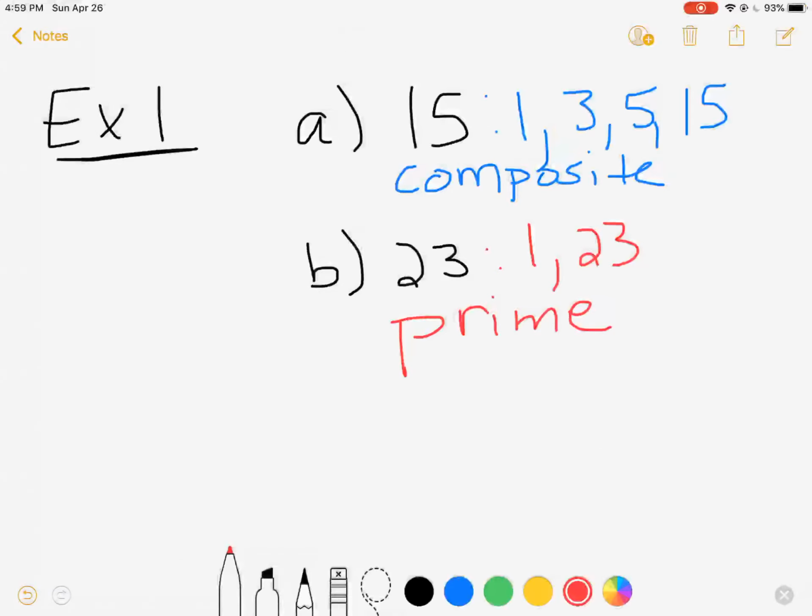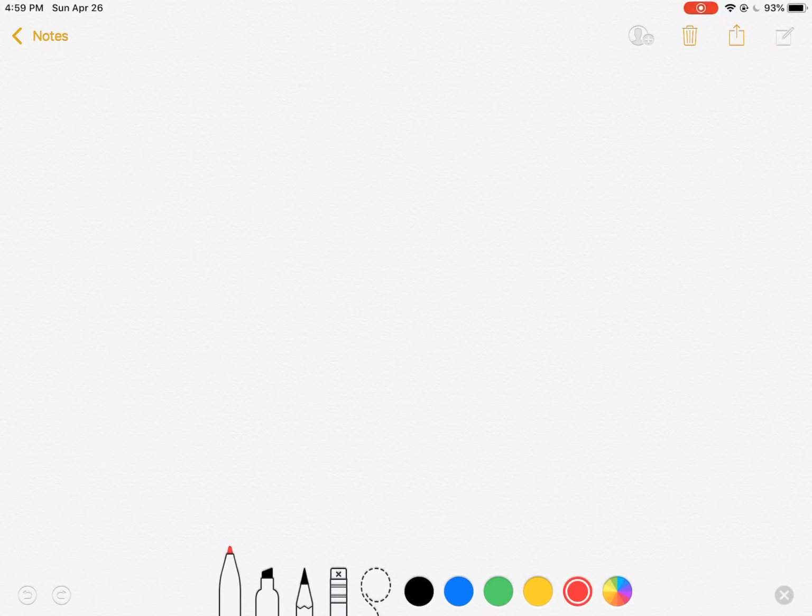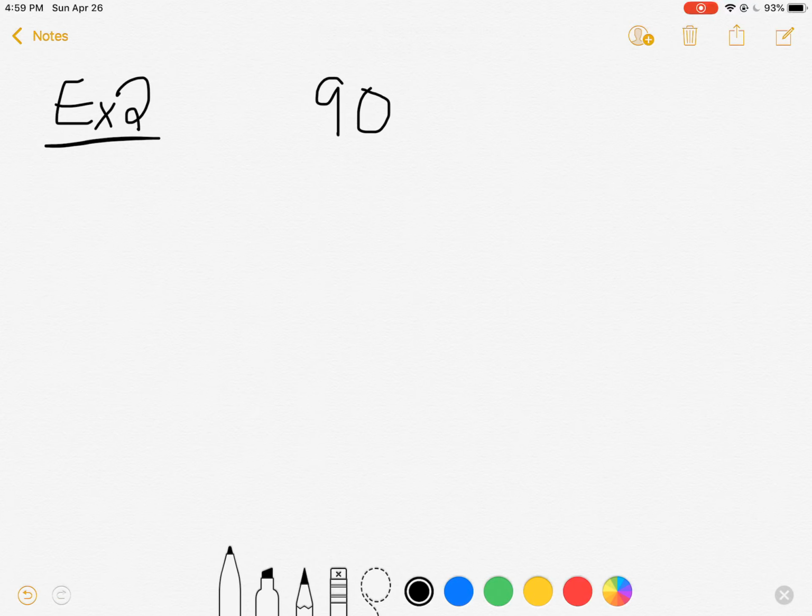Alright, let's look at example 2. On example 2, they want us to do a prime factorization for 90. So when we do prime factorizations, that's the factor tree. I'm sure you remember doing this. So when you do a factor tree, you break it down into 2 factors. Doesn't matter which 2 you think of. I think of 9 and 10 when I'm thinking about 90. 9 and 10 both are composite, so I still need to keep going with my factor tree.